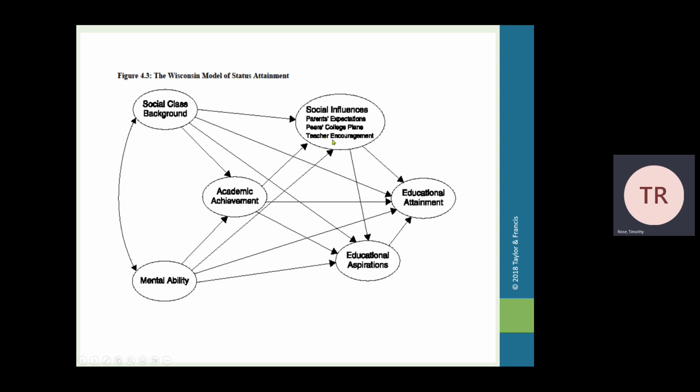And of the concepts that it goes to, 3 of them go on to another concept. So social class impacts academic achievement, social influence, and education. And then all 3 of these are proposed to have an impact on educational attainment. And academic achievement and social influences also have an impact on educational aspirations, which we're predicting to have an impact on educational attainment.